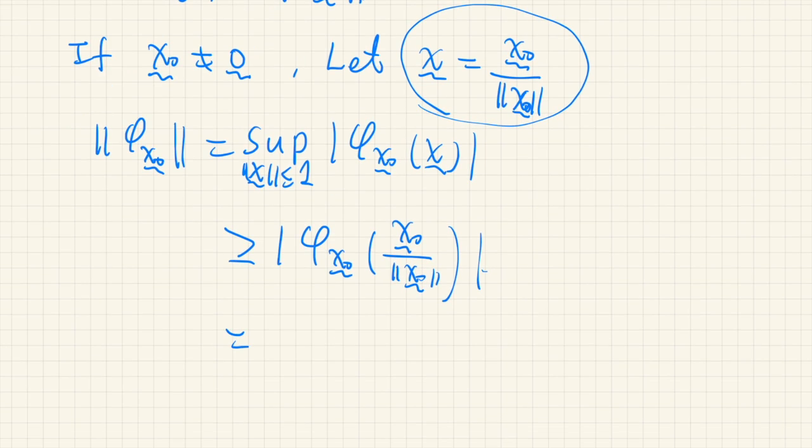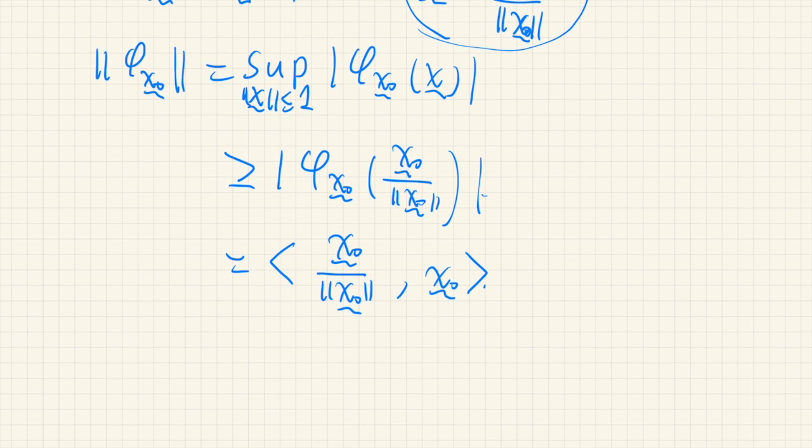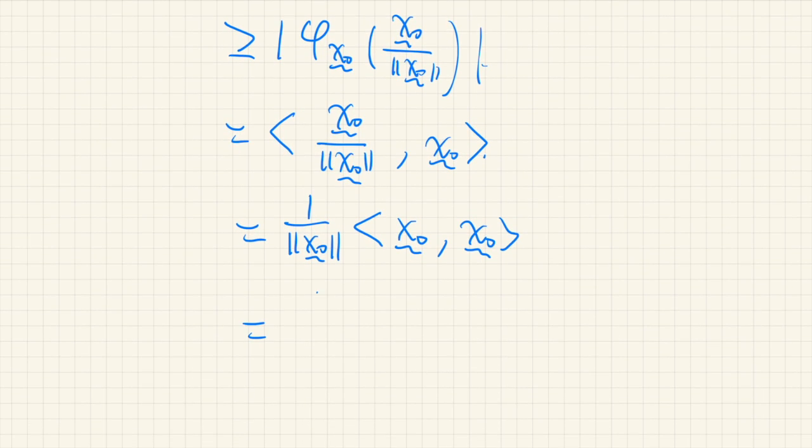But using the definition, we have the inner product of x0 divided by its norm with x0. But this is the norm of x0 squared divided by the norm of x0, which is the norm of x0.